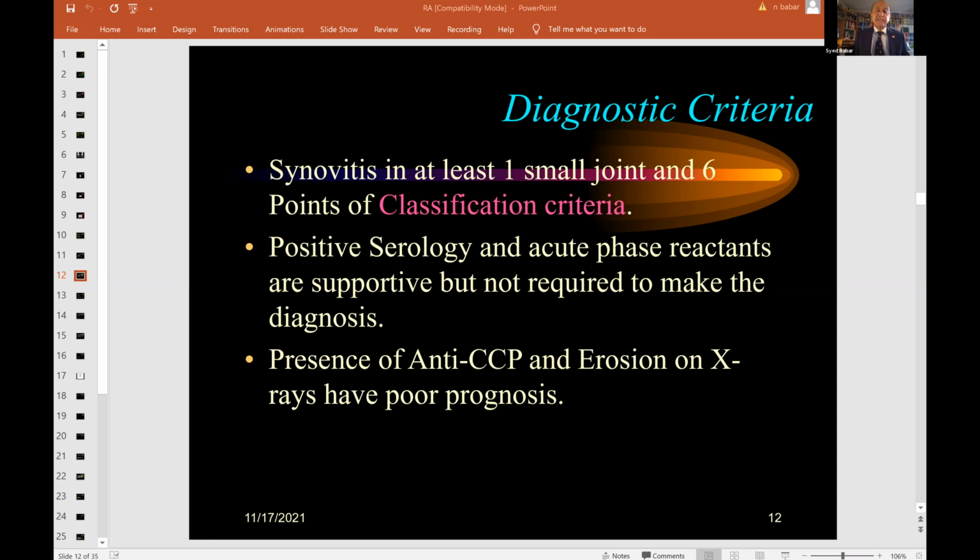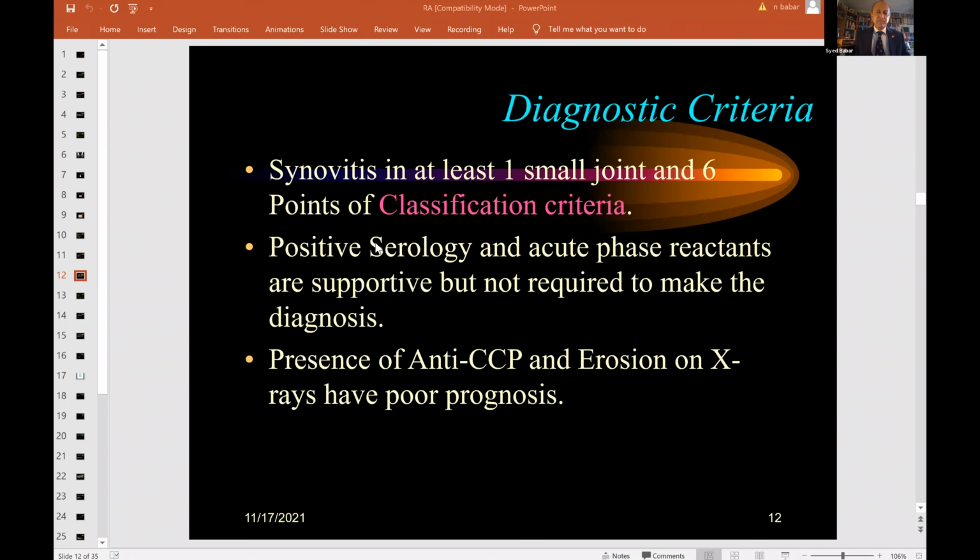And there should be 6 points of classification criteria. We'll look at the classification criteria because now we know that to be able to diagnose, there should be at least 1 small joint and 6 such criteria present to make a diagnosis of rheumatoid arthritis.